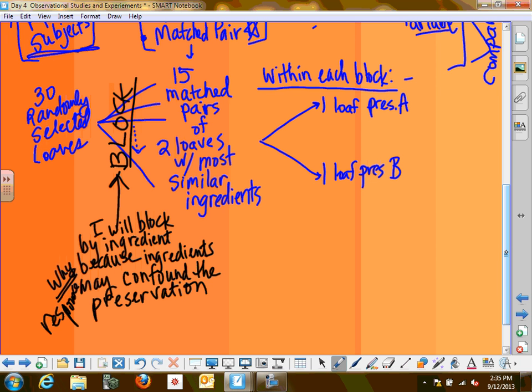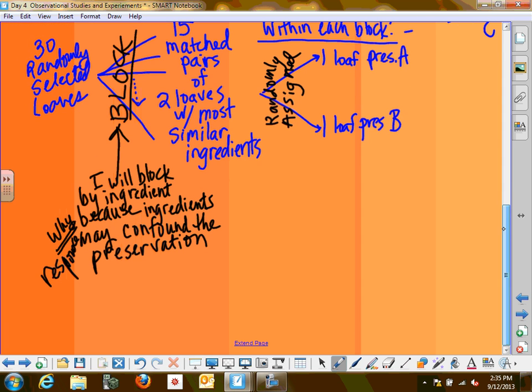How did I get into those groups? Okay, I randomly assigned them to those groups. And I didn't just say give one of them a 1 and one of them a 2, because maybe I put the sweeter looking ones in the preservative A group or whatever. So how are you going to make sure that's random and unbiased?